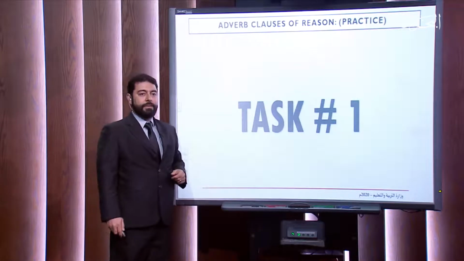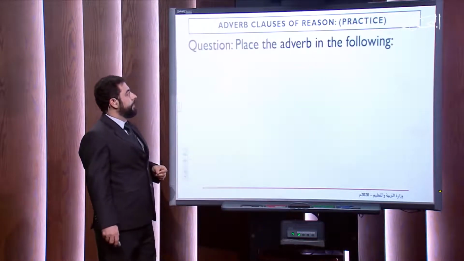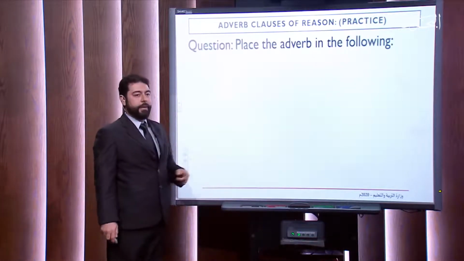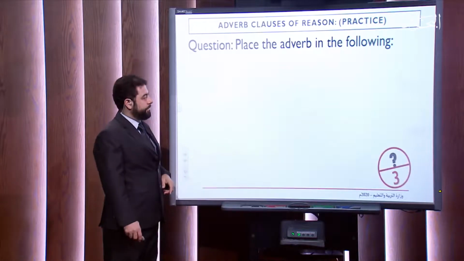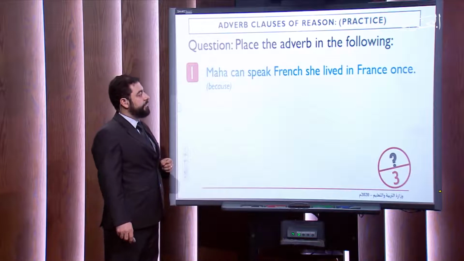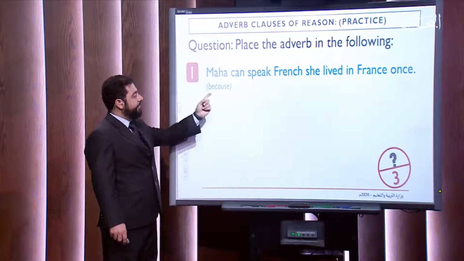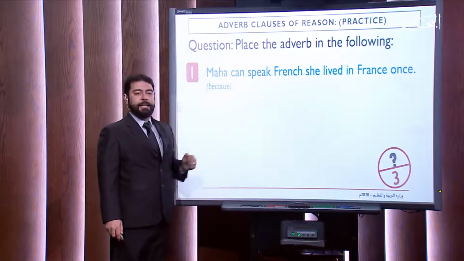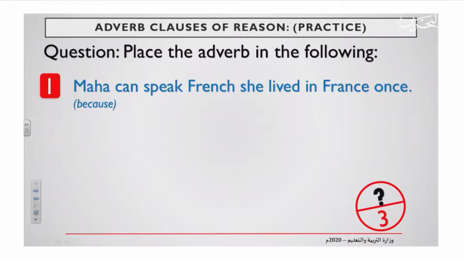So let's try task 1. Question: place the adverb in the following. And you have a mark of 3. Number 1. Maha can speak French. She lived in France once. You have to place because within this sentence. You have 5 seconds.